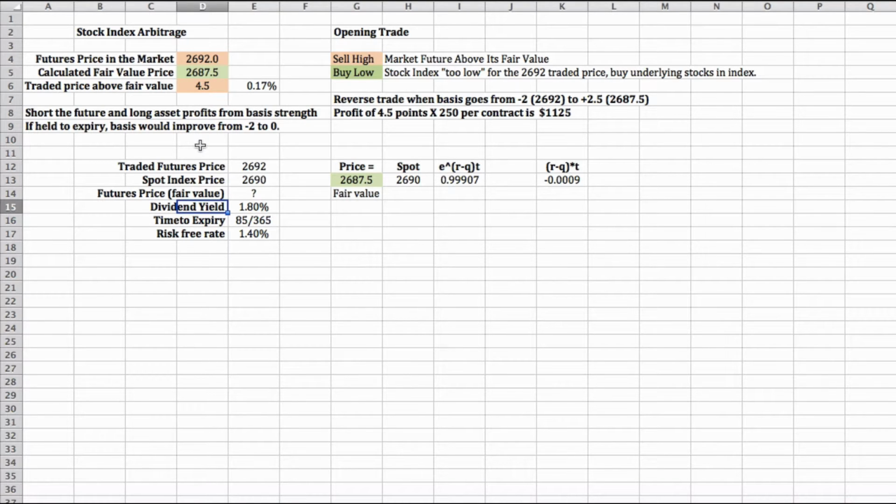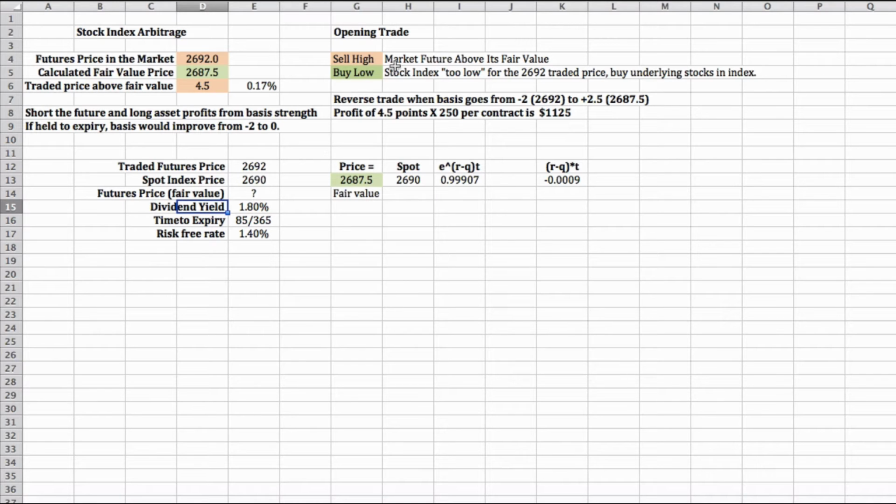And if it goes back to where it should, remember that basis is what? It's spot price minus futures price. So in the market, basis was -2. The spot price in the market, 2690. The market was above it, -2. The calculated fair value price was 2.5 below market, so +2.5.